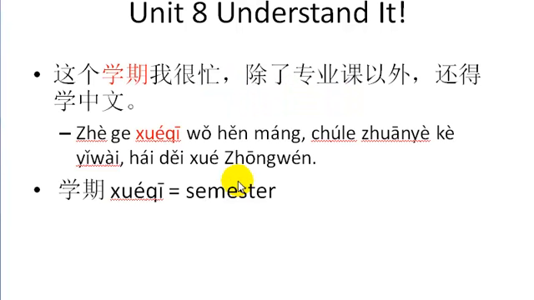Next sentence we have 这个学期我很忙,除了专业课以外还得学中文. There's quite a bit in this sentence that we need to look at. The first one is 学期. 学 means to study, and 期 is a set period of time.